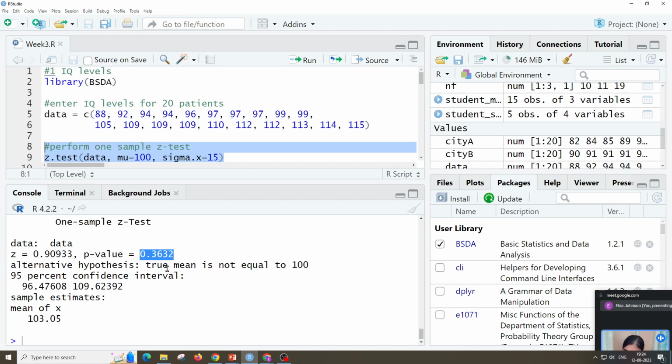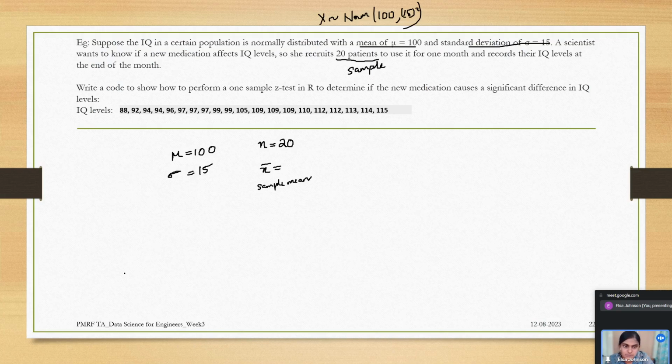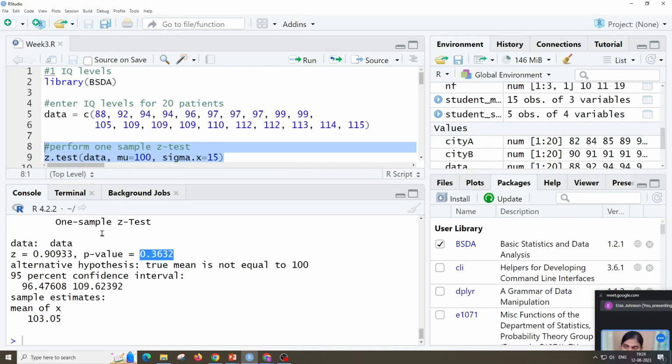The null hypothesis H0 will be mu equal to 100, and the alternate hypothesis H1 will be mu not equal to 100.